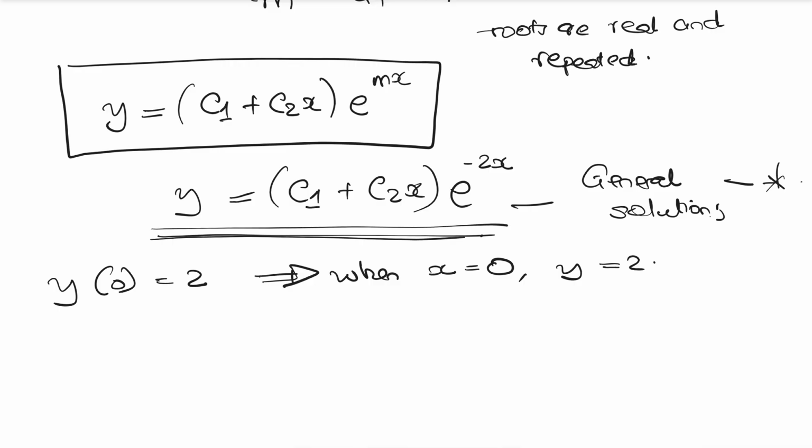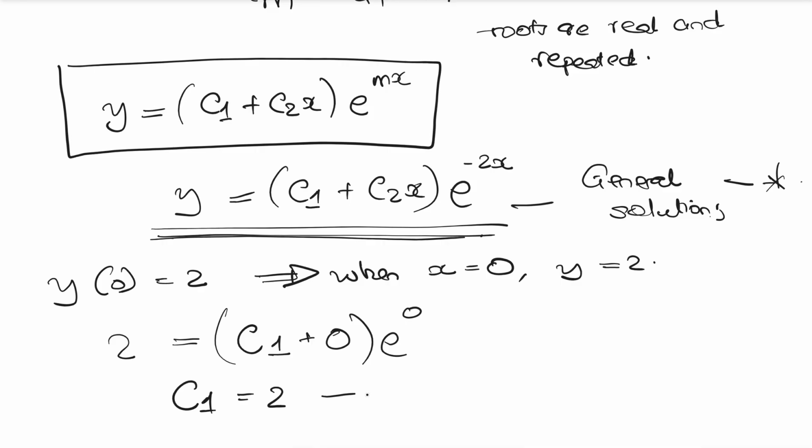So you replace the values: c1 plus c2 times 0, e power 0. That means c1 is equal to 2. Call this equation 1.